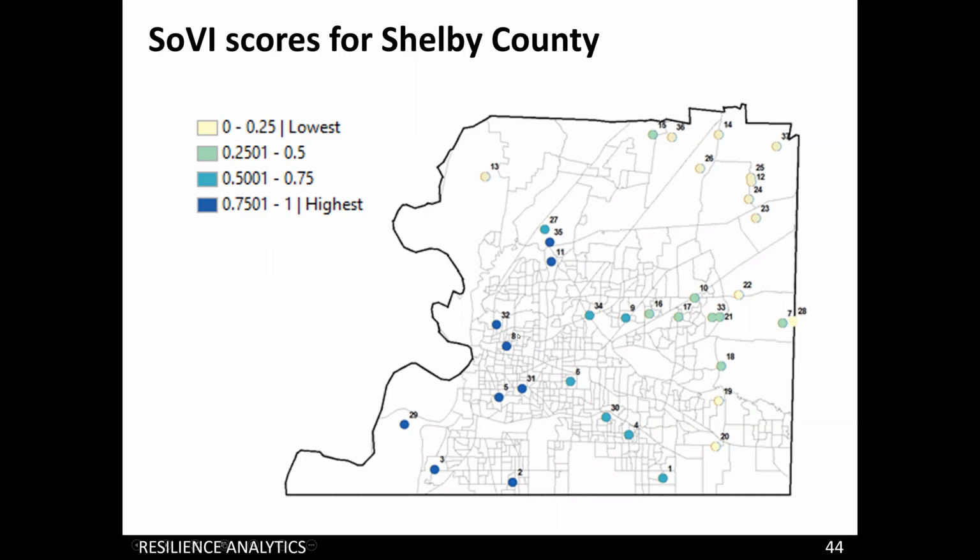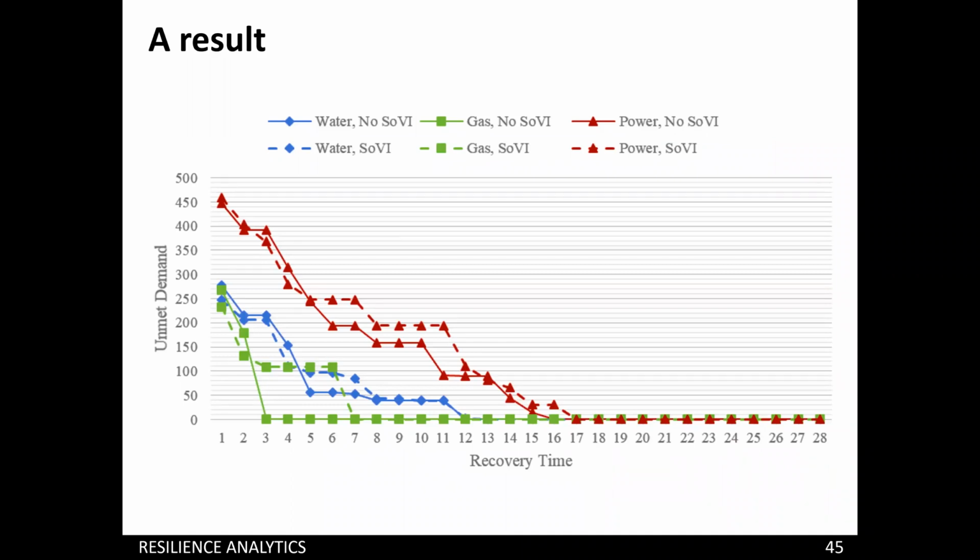Okay, so we've got social vulnerability for each one of the demand nodes in this Shelby County network. And so we can apply our optimization problem here. And we can try to weight the different characteristics in that optimization problem with the social vulnerability index and the population density index. And I mean, the result here isn't all that thrilling, but what do we see?